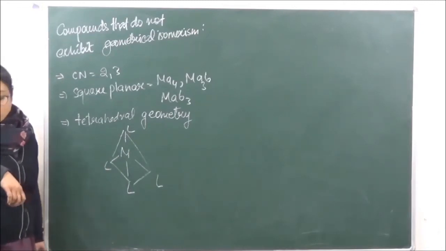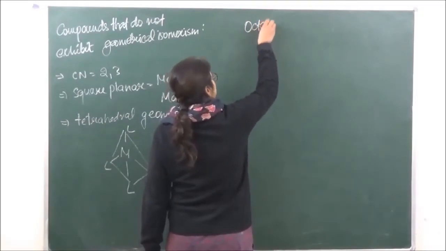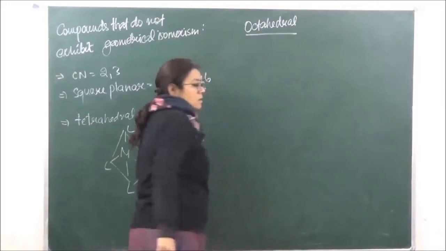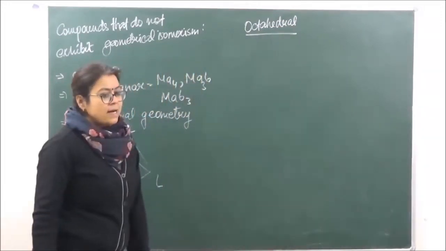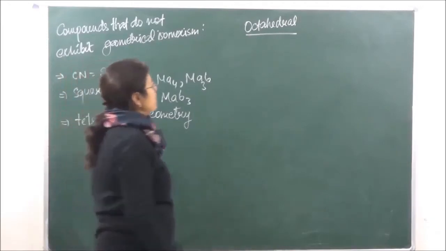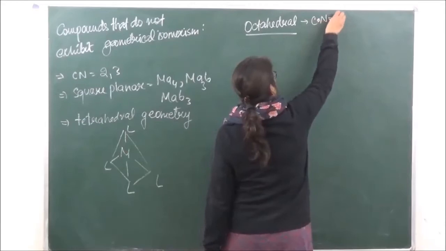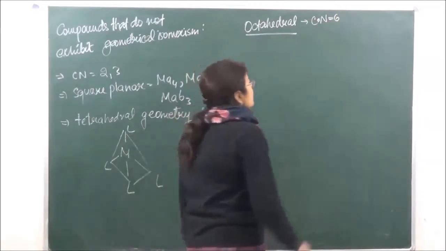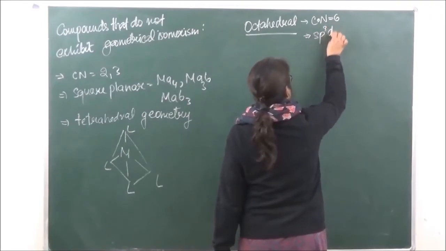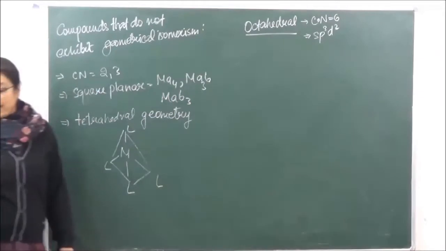Okay? Then we go on to octahedral complexes. Now, in case of octahedral complexes, the coordination number is going to be 6. The hybridization is going to be sp3d2, right? And it is going to have an octahedral shape.